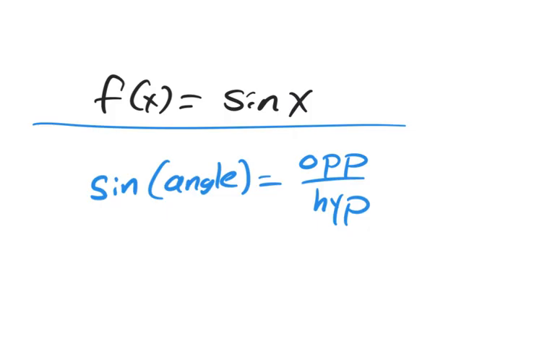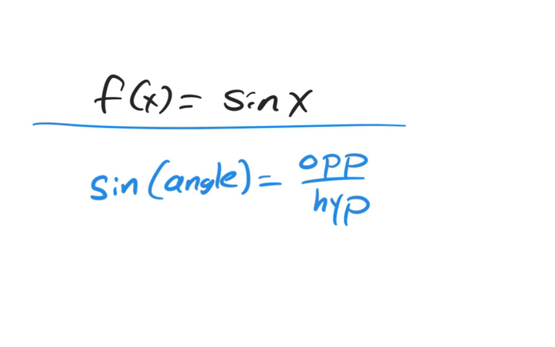Right? That's how sine works. For cosine, we normally take cosine of an angle, and it gives us the adjacent over the hypotenuse. We take tangent of an angle, and it gives us the opposite over the adjacent. My point is, we do trig functions of angles, and the result is a ratio.